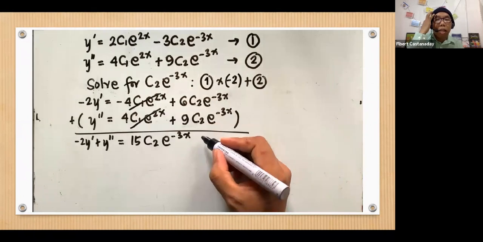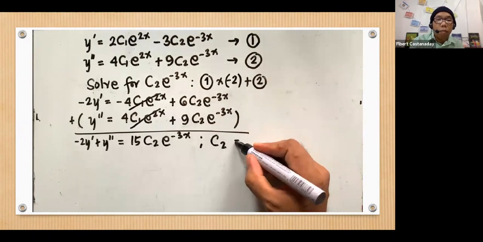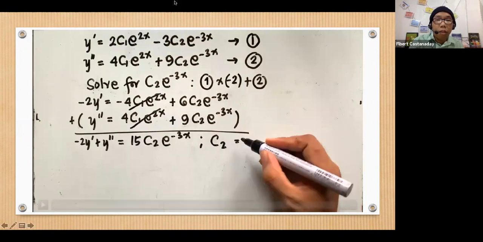Now the idea here is to solve for c sub 2 e raised to minus 3x. Okay, I forgot to write that.